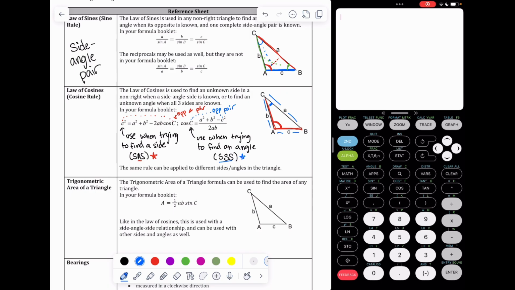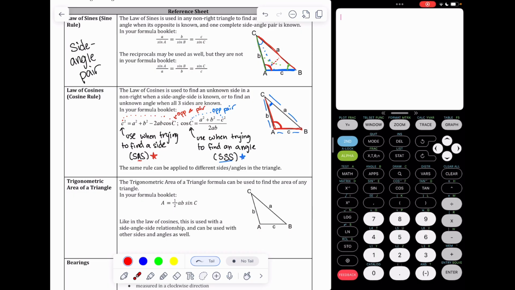All right, so that is cosine rule. And you'll notice this little note down here: the same rule can be applied to different sides and angles, so it's not just side C we're finding. The C part is just connecting. It can be any opposite pair.